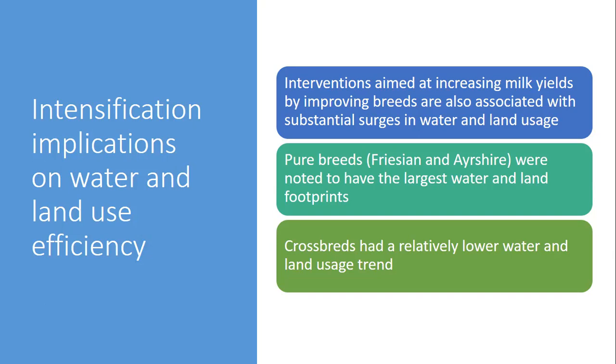And with these breeds, we note that they had the largest water and land footprints. One positive aspect that was seen in the interventions towards intensification, is that when you look at the crossbreeds in this system, they seem to have a much lower water and land usage trend than the purebred Ayrshires and Frisians. Next.